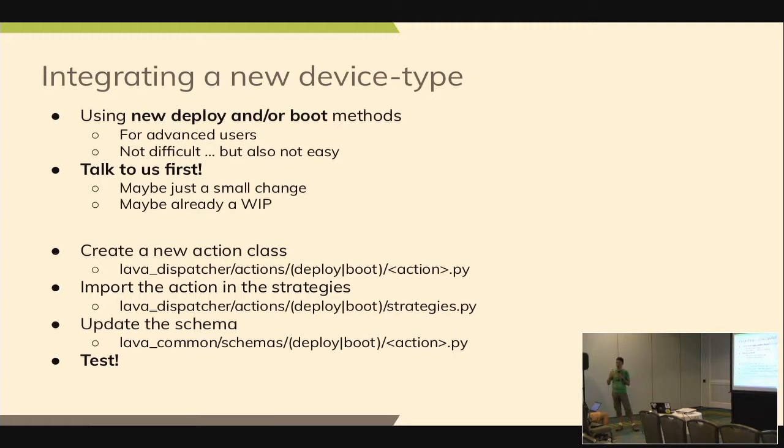So you have to update the schema to allow for your new deploy or boot action. That sounds really stupid, but that's the first thing you will hit when you try. It will just be rejected. So that's good to know that there is a schema that you have to change. And obviously, then you have to test it a lot, because that's a new deploy or boot method. You have to test it to be sure it's working well.